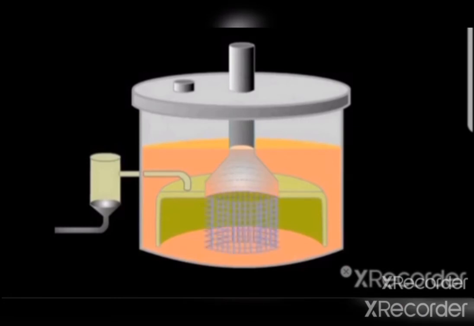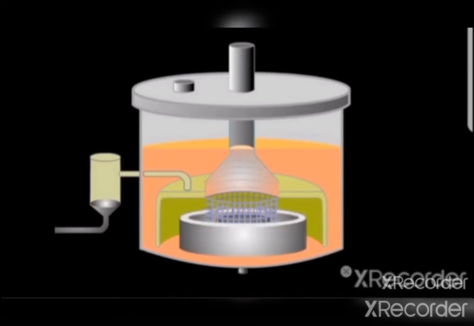The Downs cell has a central carbon anode and a cylindrical iron cathode.